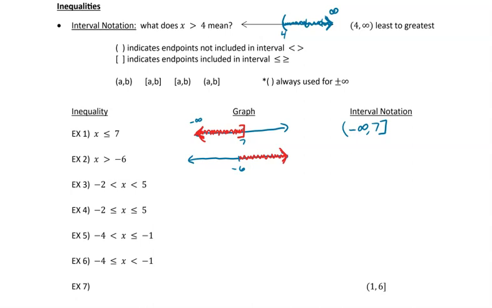It's not or equal to, so we're going to put a parentheses at -6. And this is going out to positive infinity. Again, just read this left to right now. So from left to right, we have -6 with a parentheses all the way to infinity, and infinity always gets parentheses.